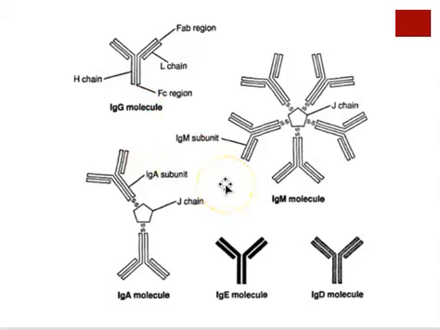Now, the other thing I want you to notice is that even in the case of IgM and IgA, where you see multiple formations of Y, it's always the Fab region that is pointing out to the environment. So this is where the antigen binds here. This is where the antigen binds here.